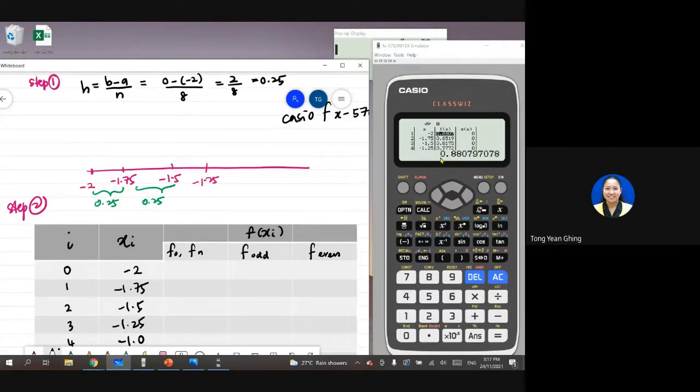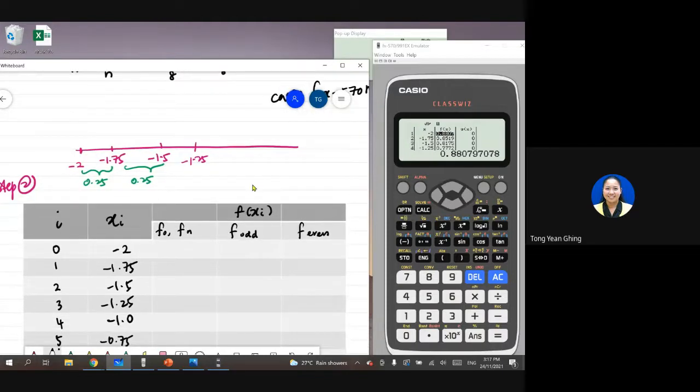That means 0.8808. So I take 4 decimal places. Saya akan tuliskan sini. Because this is the first one, f0, 0.8808. Okay, and then continue.